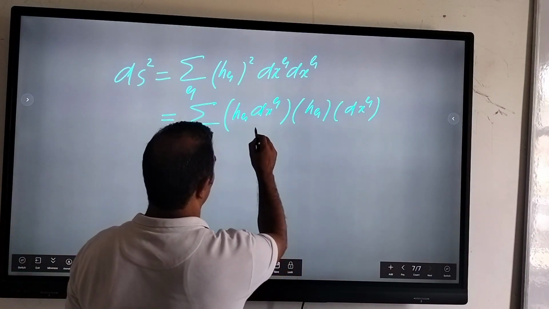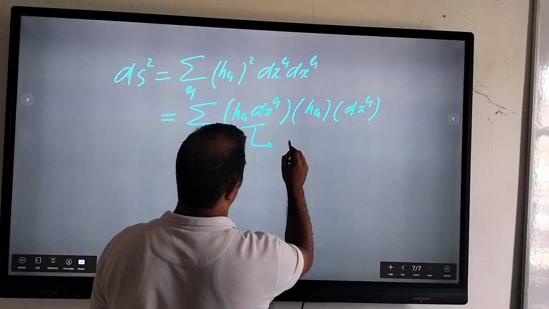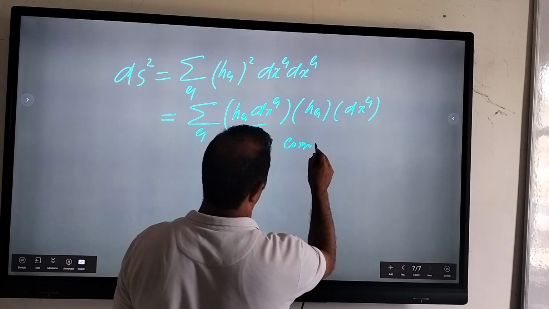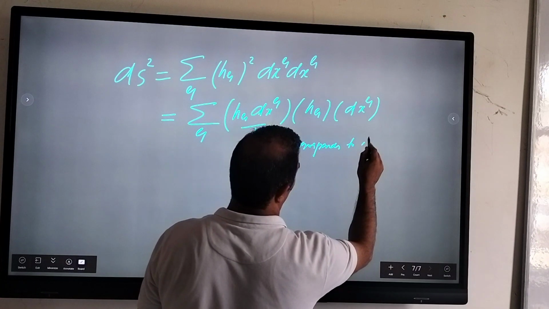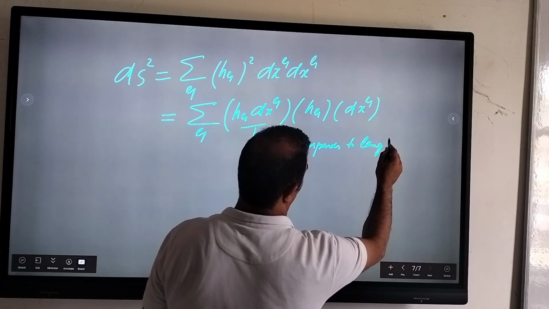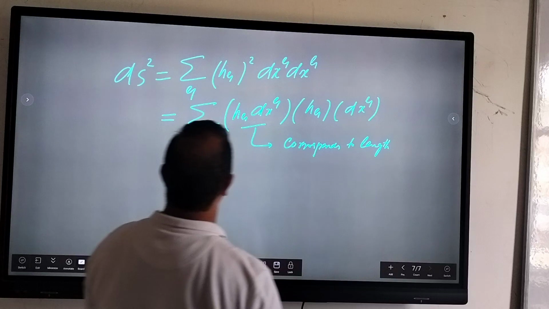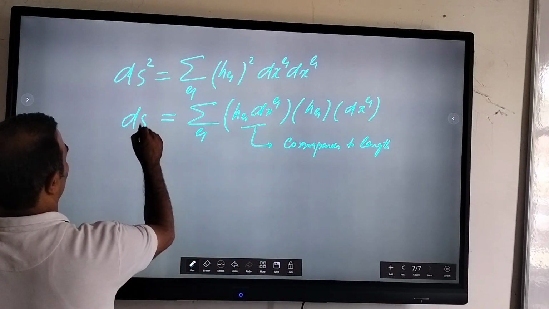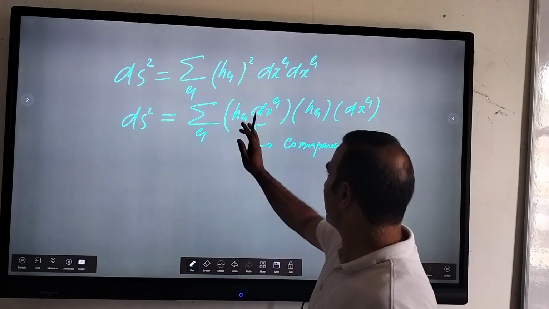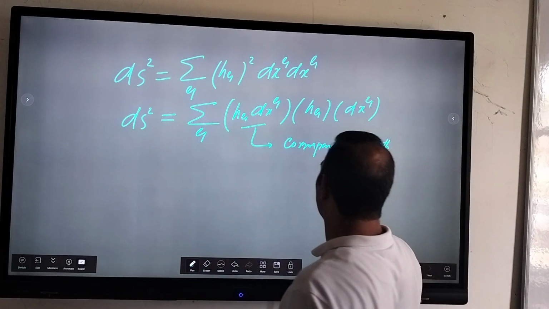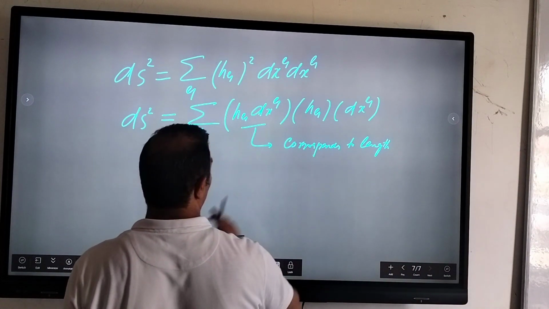So this term corresponds to our length. Why? What I am saying now is that this term, or this term, corresponds to our length, right?